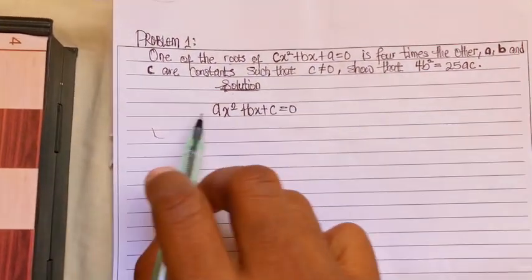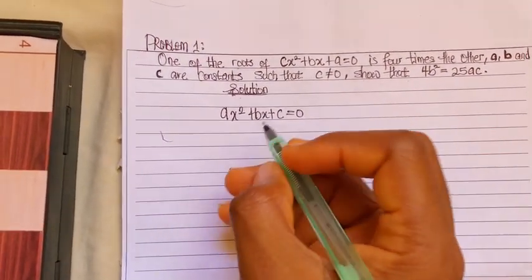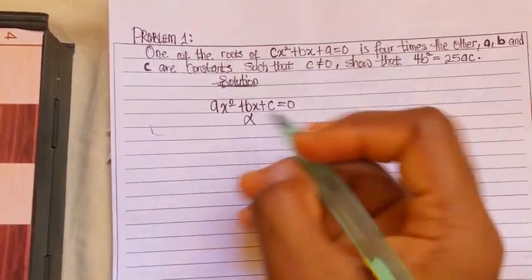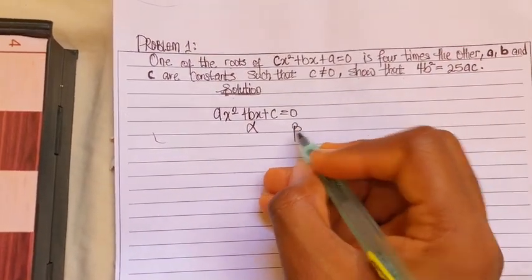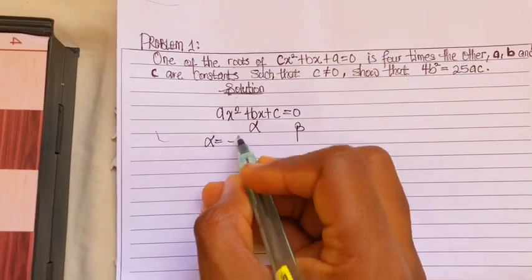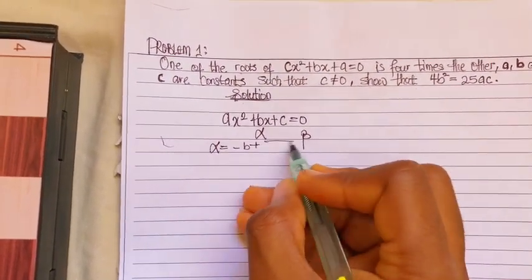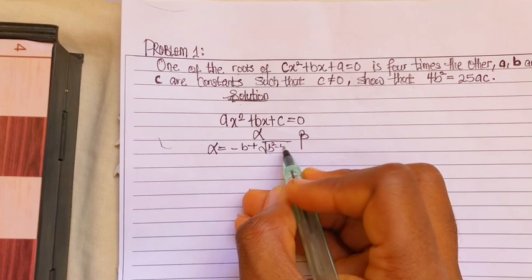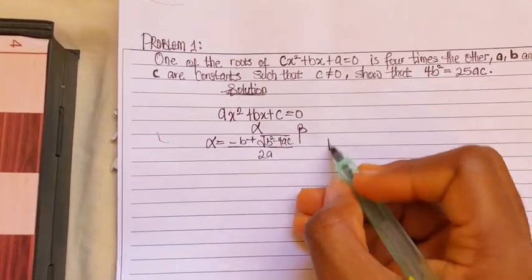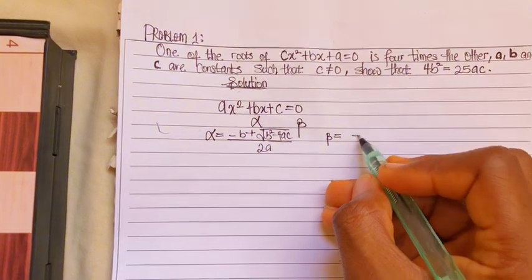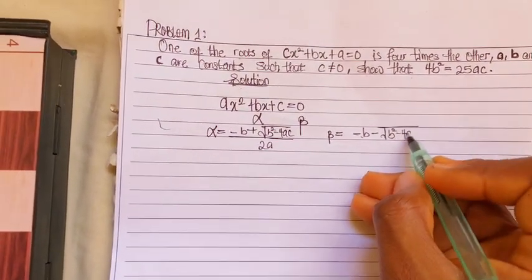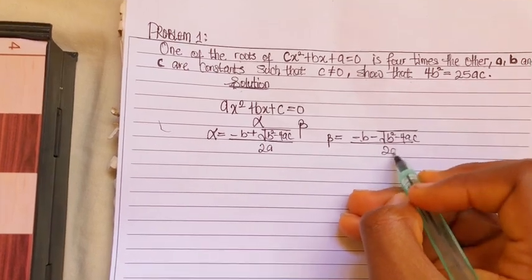So we said alpha is a root and beta is the other root, where alpha was minus b plus the root of b squared minus 4ac all over 2a, and beta was minus b minus the root of b squared minus 4ac all over 2a.